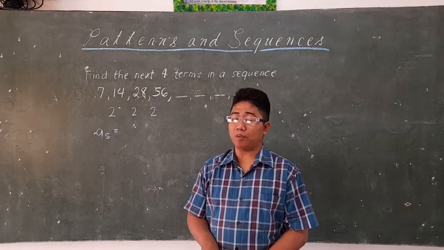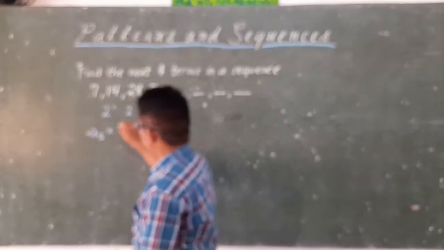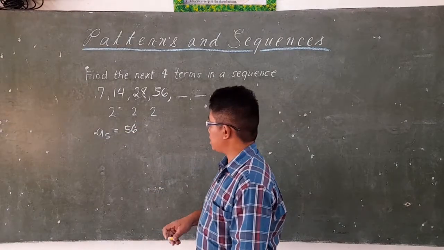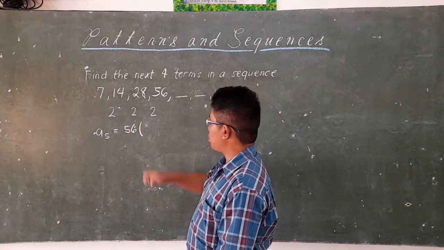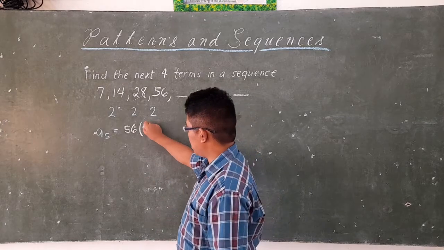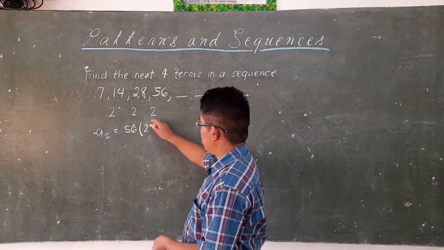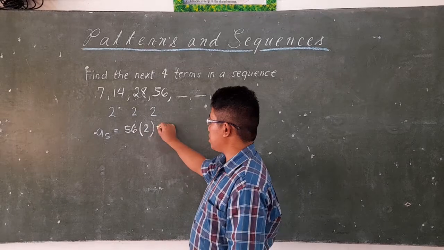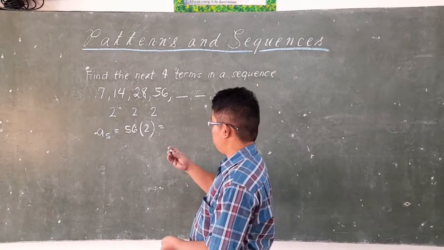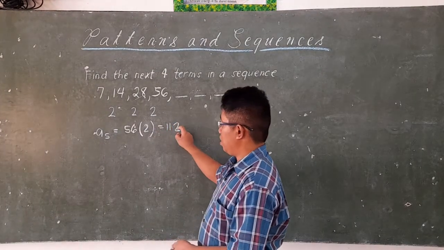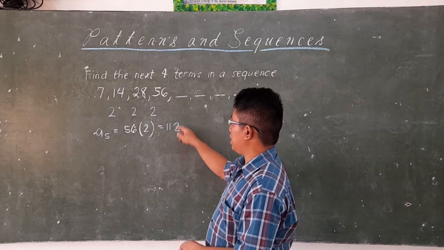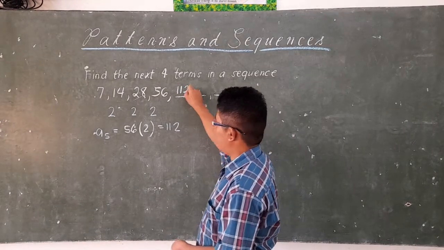So our previous term is 56. So 56 multiplied by its common ratio, that is 2. So 56 times 2 is equal to 112. So a sub 5 is 112.